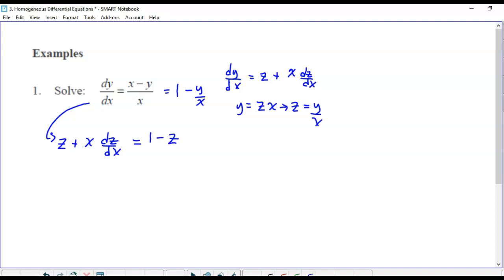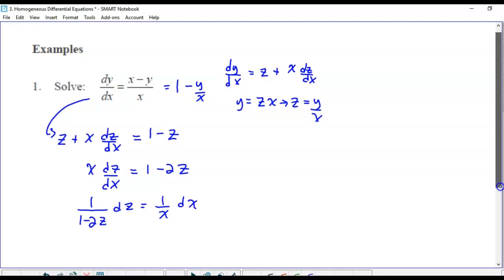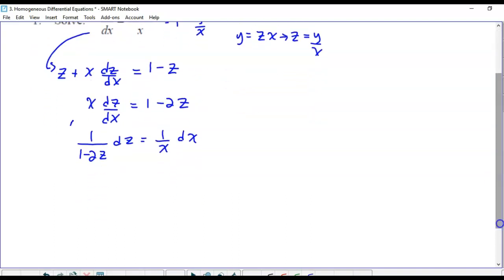Now let's collect like terms. We're going to get x dz dx equals 1 minus 2z. Now it's in terms of two variables, and so we can separate. Here that would be 1 over 1 minus 2z dz equals 1 over x dx. Now we'll integrate. That's going to be ln of 1 minus 2z.